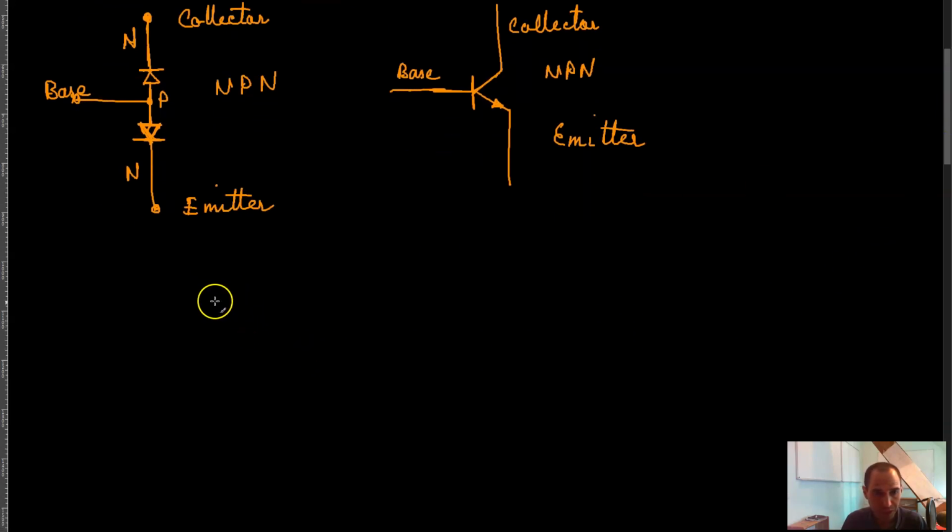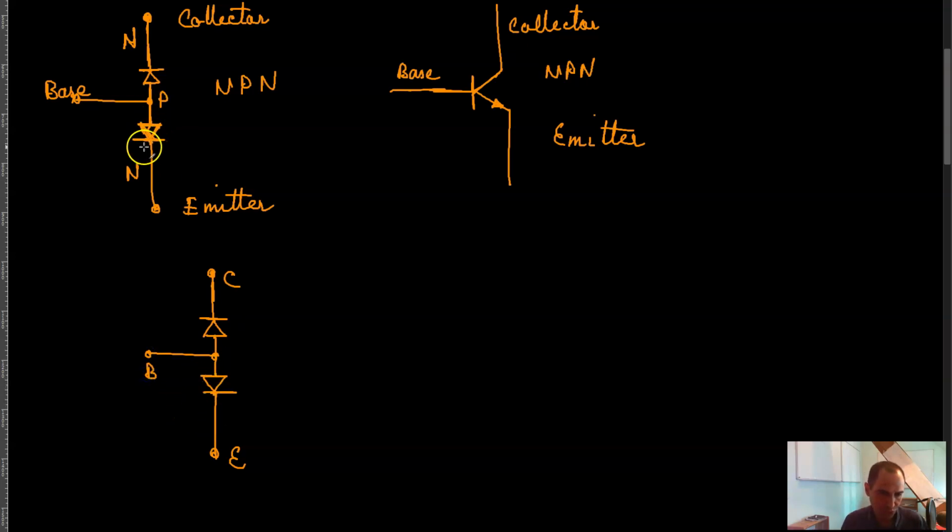So I can have this diode in this manner and this diode in this manner, and then naturally this becomes my collector, this becomes my emitter, and this becomes my base, right?